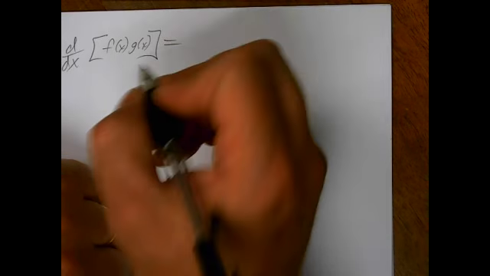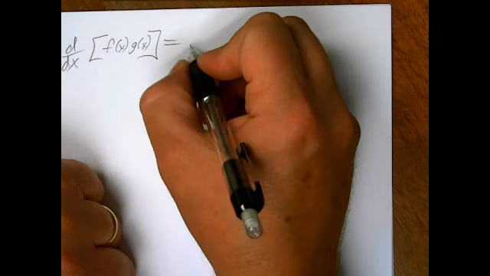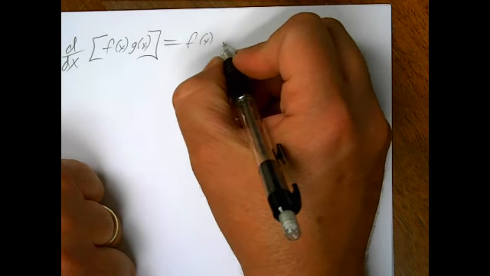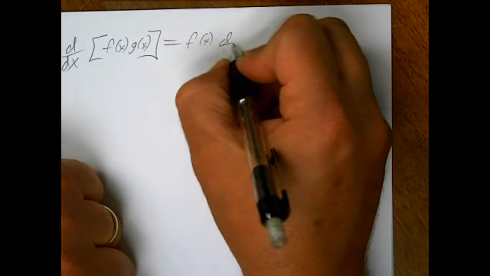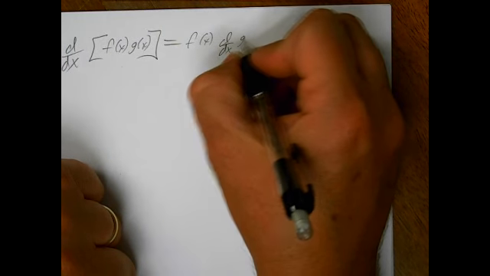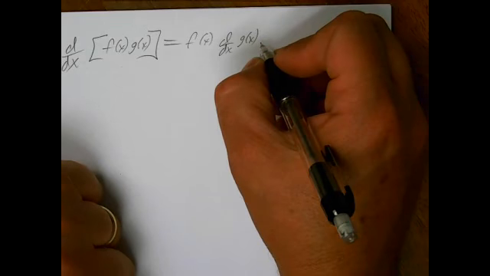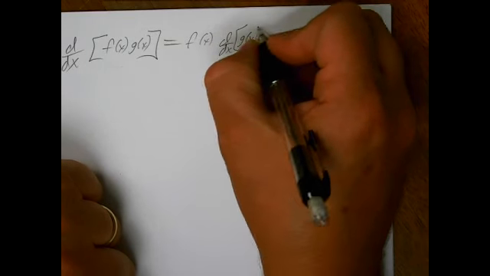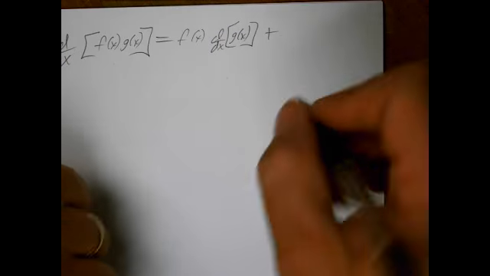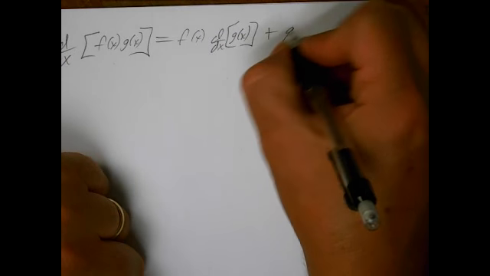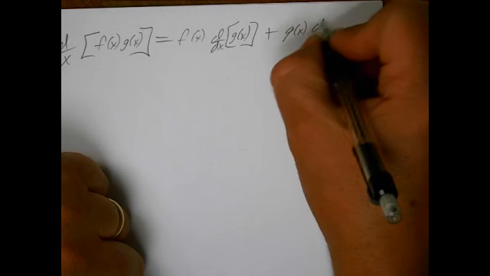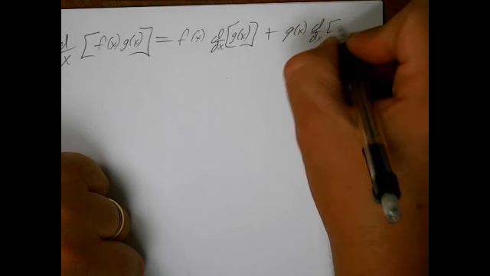This one is usually, in most textbooks, written as f of x times the derivative with respect to x of g of x, and I think they'll use brackets or braces or something usually, plus g of x times the derivative with respect to x of f of x.